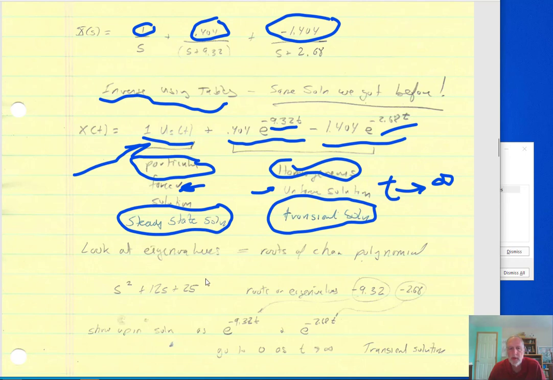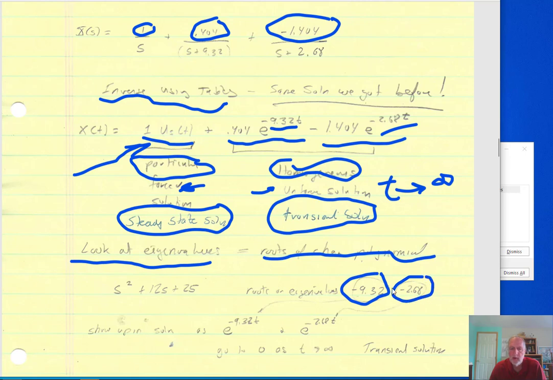Okay, last thing I want to point to is look at the eigenvalues, which are the roots of the characteristic polynomial. This is the minus 9.32 and minus 2.68 that were the roots of that s squared plus, what was it, 12s plus 25. Yeah, here we go. It's right here.